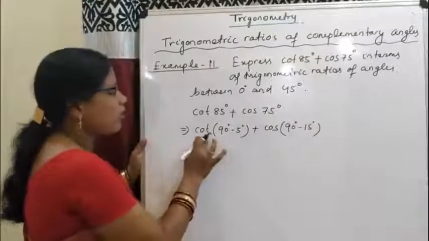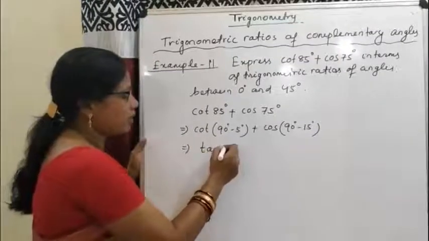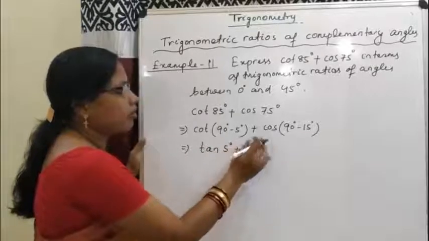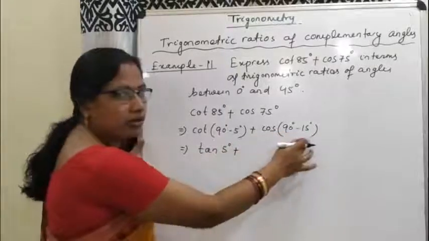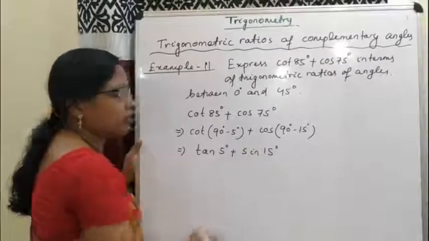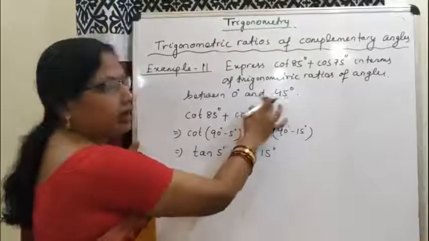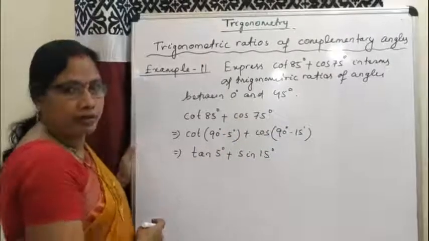So what is cot 90 minus theta? This is equal to tan theta. So tan 5 degree plus cos 90 minus theta is equal to sin 15 degree. So this is the answer, as 5 degree and 15 degree are in between 0 degree and 45 degree.